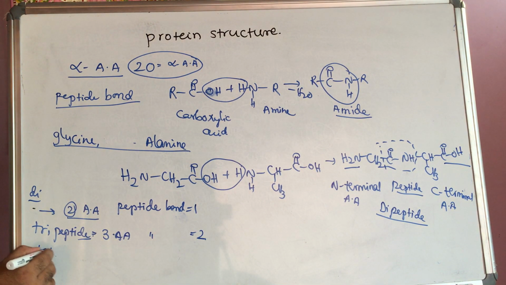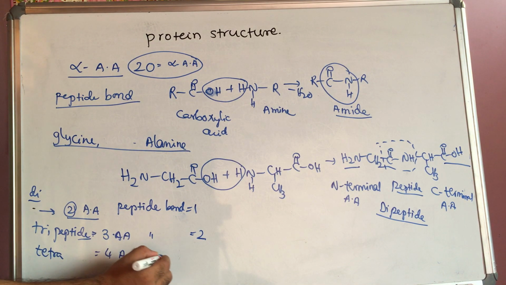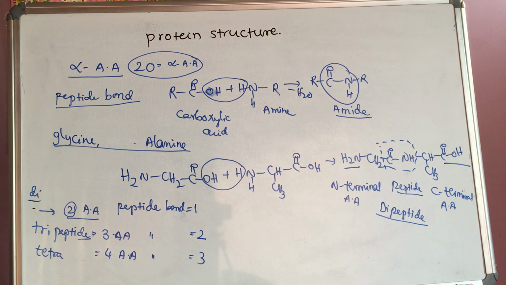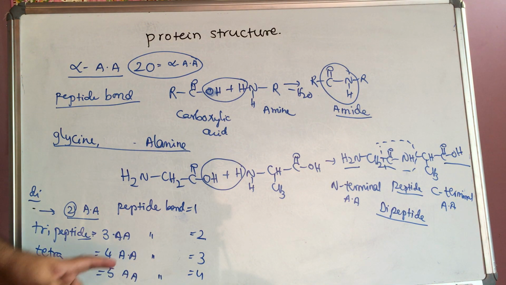If tetrapeptide, that is 4 amino acids, peptide bonds are 3. It means 1 less than the number of amino acids. If pentapeptide, then it has 5 amino acids and peptide bonds are 4. If hexapeptide, that is 6 amino acids and 5 peptide bonds. These are very, very important.